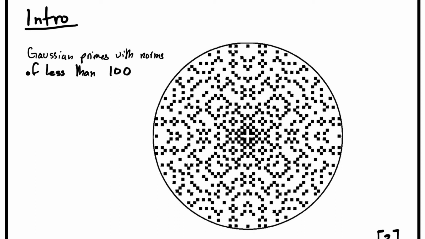Now, you might already be noticing some of these patterns, but if you look at our graph of Gaussian primes with norms of less than 100, you can see a clear symmetry, and that's not just a coincidence. The way that the definition for Gaussian primes is set up is innately symmetrical.